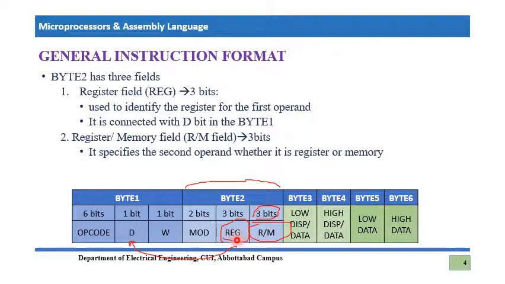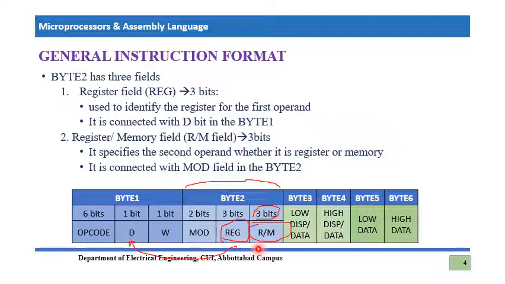The reg field specifies only a register operand, and the r/m or register/memory field specifies the second operand. It can be a register or it can be a memory as well. That is why r/m is used as its name.